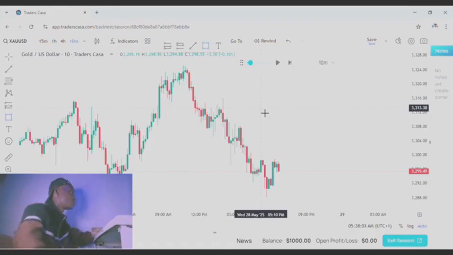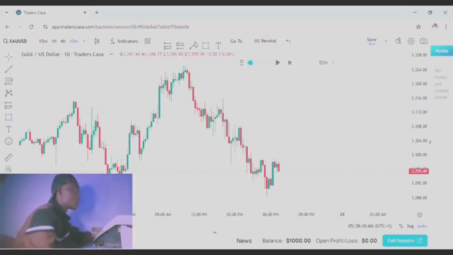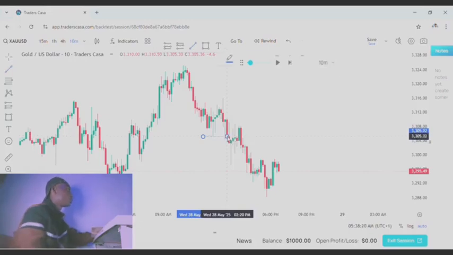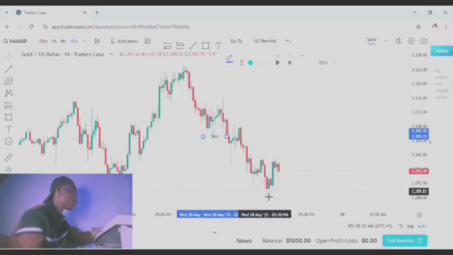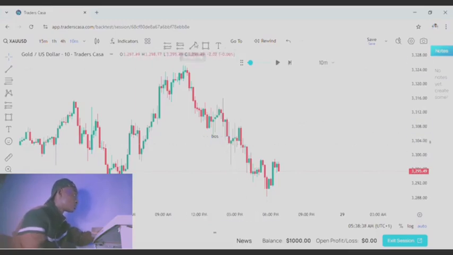So right here we start with marking the trend, the break of structure, which is our BOS. You can see a break of structure right here, as well as a liquidity grab right here.